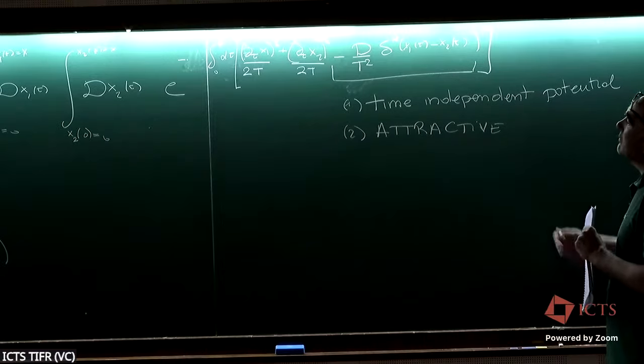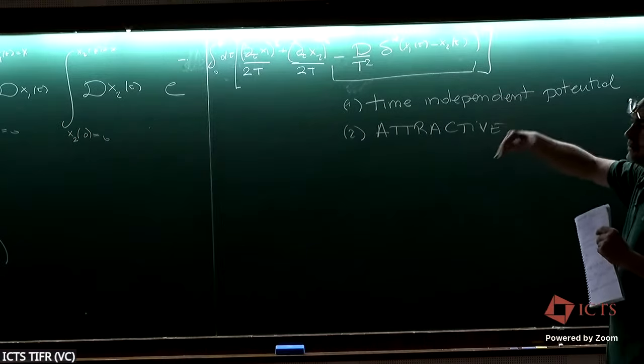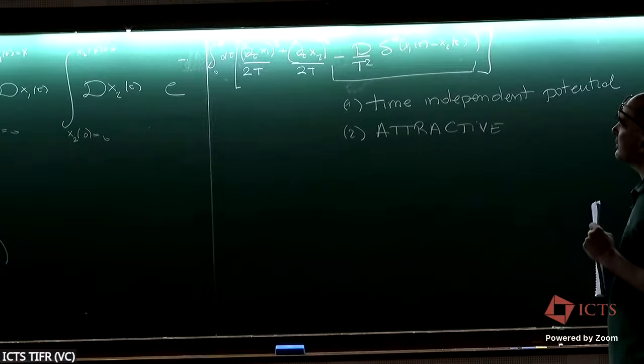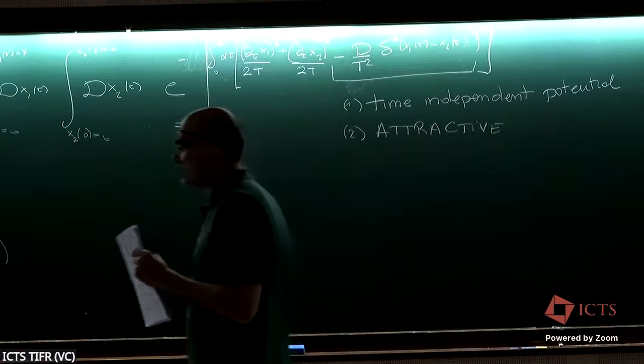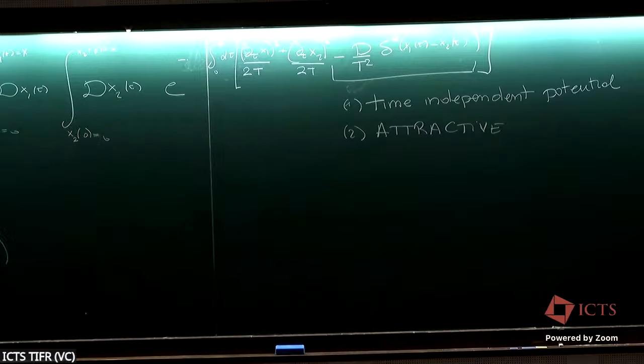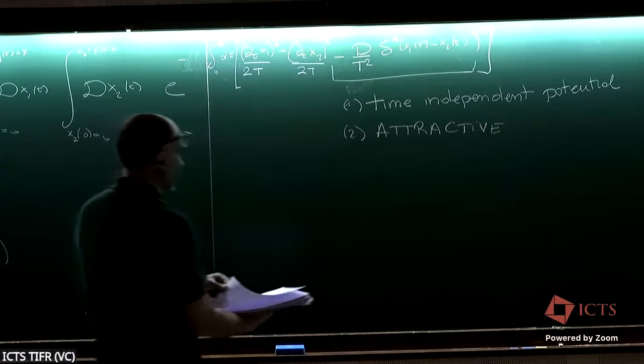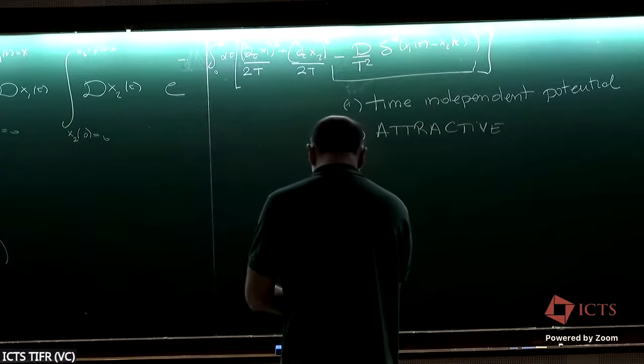And now we can actually use the spectral decomposition, okay? But because it's a simple two-particle problem, it is useful to go to the coordinates of the center of mass, just to have an easier way.